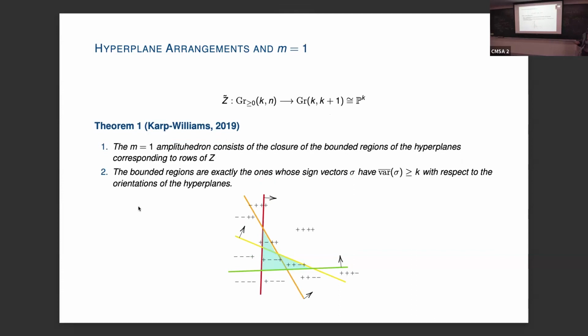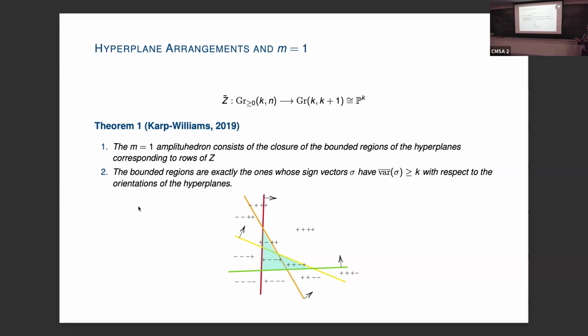Part 2 is that the bounded regions can be labeled according to signs. So the hyperplanes that correspond to rows of Z also have orientations. When Z is a totally positive matrix, it's a cyclic hyperplane arrangement, so the orientations will always look like this.